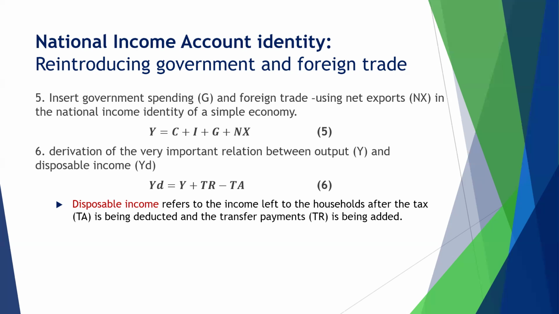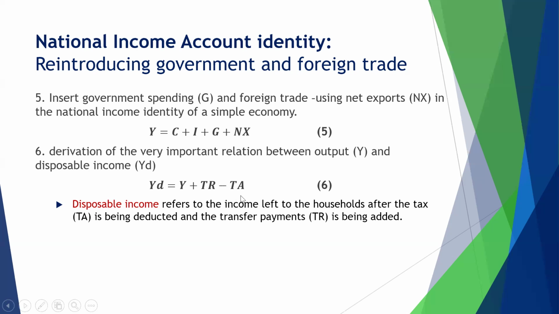The household will use that money from the transfer payment for either consumption or even savings. So there would be a part of that TR allocated for consumption and part of that TR for savings. That is why we add the whole TR here.